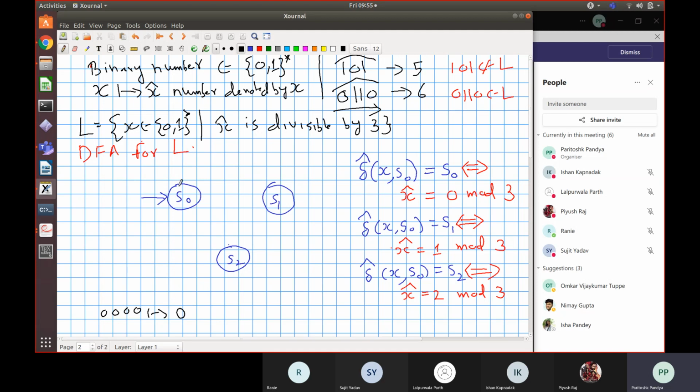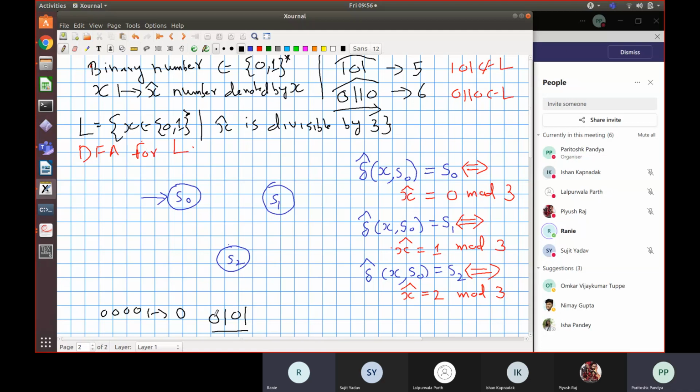If I get the number 0, 1, 0, 1, then which state should I be in? After the string 0, 1, 0, 1, which state should I be in? Rani is here. Hi, can you answer this, please? You can unmute yourself. Yes, sir.